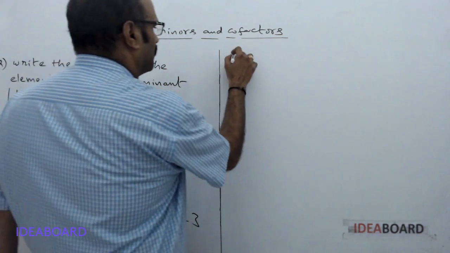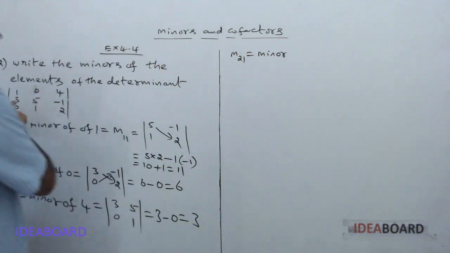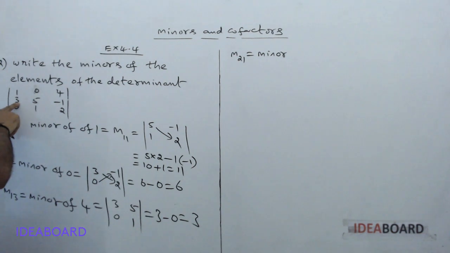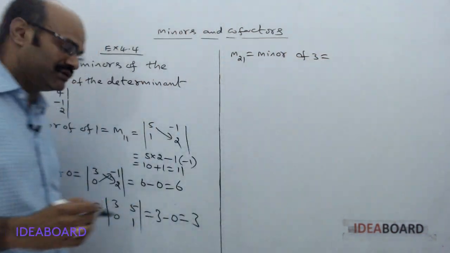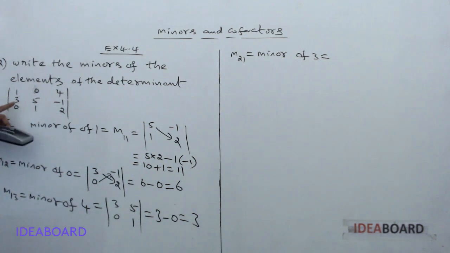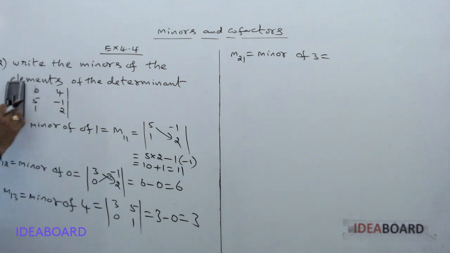Now M21 equals minor of 3. The element 3 lies in the second row and first column. So remove the first column and second row.